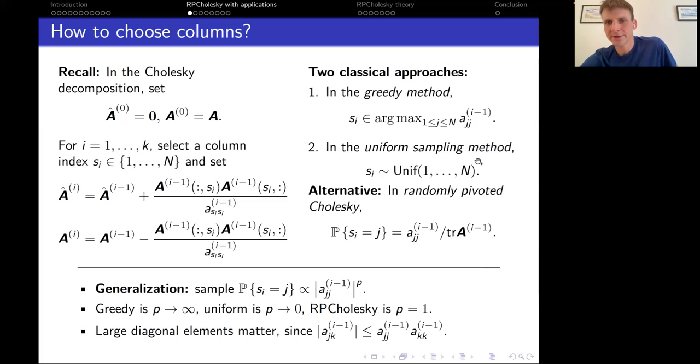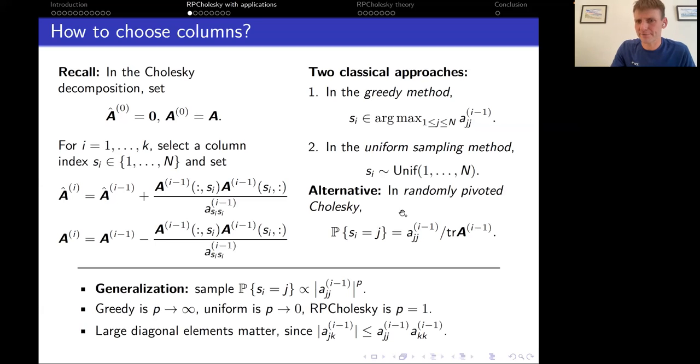The next method, which seems so silly on the surface, but is incredibly often used in practice and does surprisingly well, is the uniform sampling method. We don't know how to pick the next index. Let's pick it uniformly at random. Maybe you want to do this sampling at random without replacement. But with a very large matrix, that doesn't gain you much.